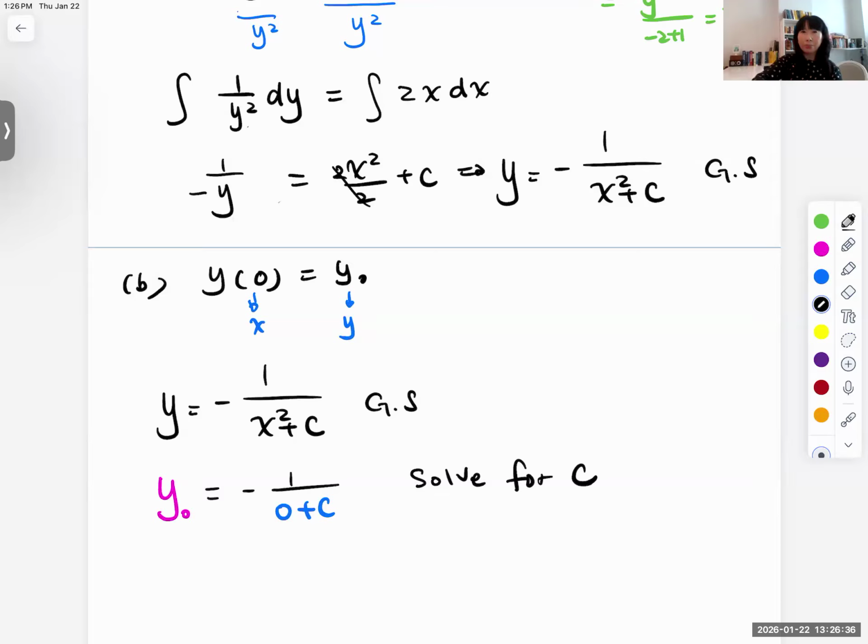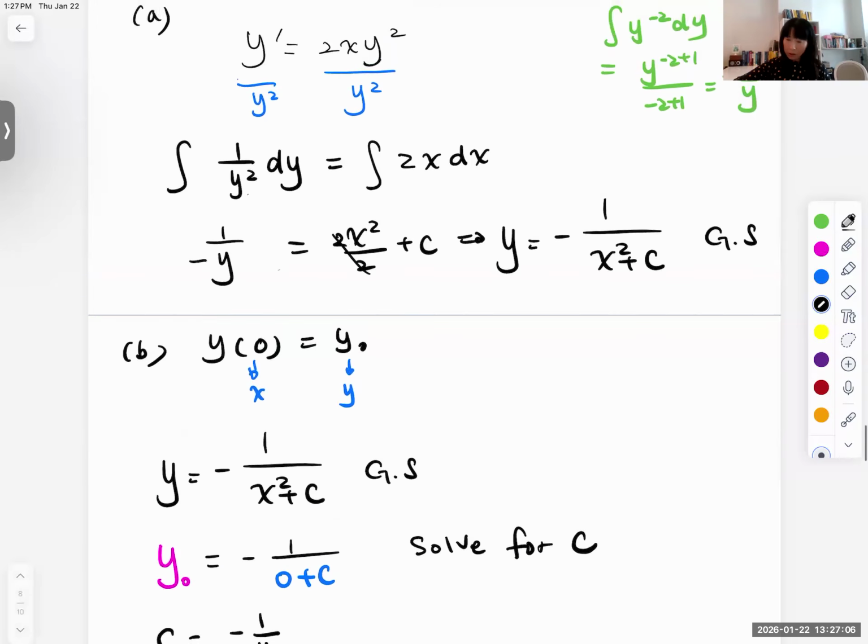Now, once again, we multiply this way. We need to solve for c, so c will be negative 1 over y naught. Can you see that?